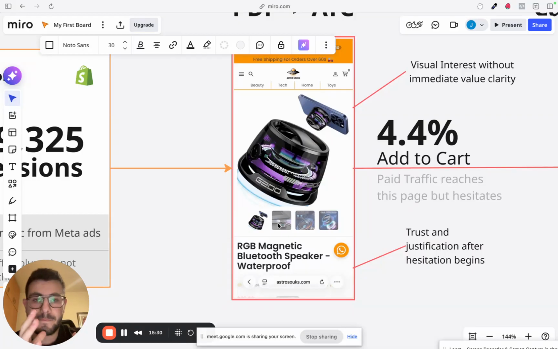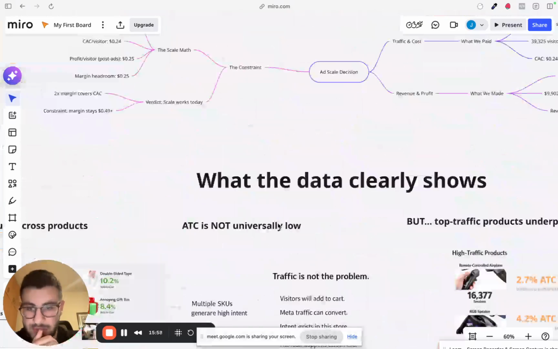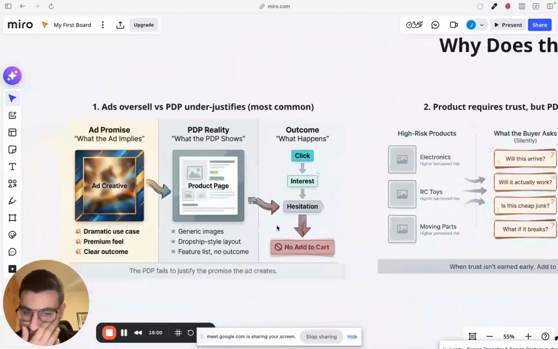If I'm a football player and I click on the ad of football and then I go and see the camera just by itself, I might not buy it. But if I look at the picture and it shows someone wearing it and playing football, then I would be more interested. You got what I mean? So it would give me a higher intent of buying. So this is one of the reasons.